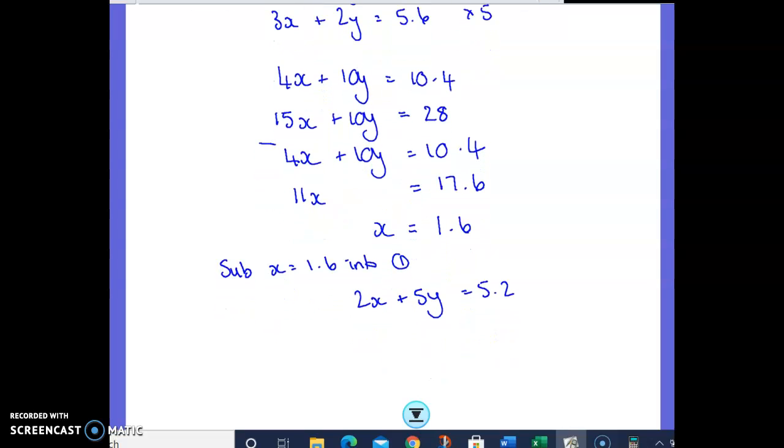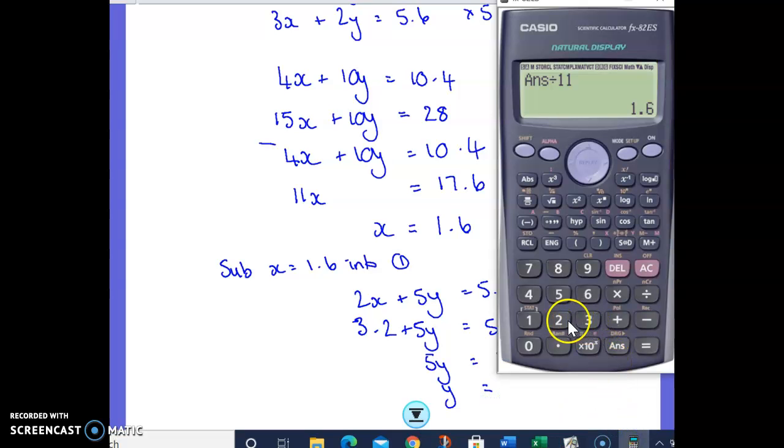So if x is 1.6, 2x is 3.2. 3.2 plus 5y equals 5.2. So 5y is 2. So y is 2 divided by 5, which is 0.4.